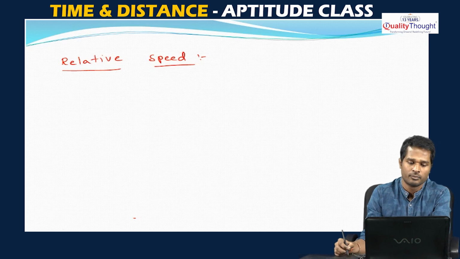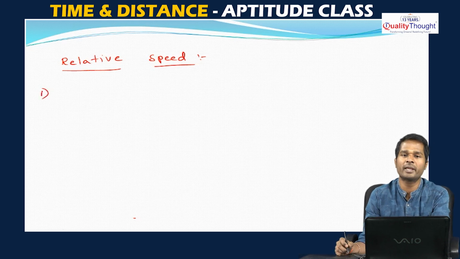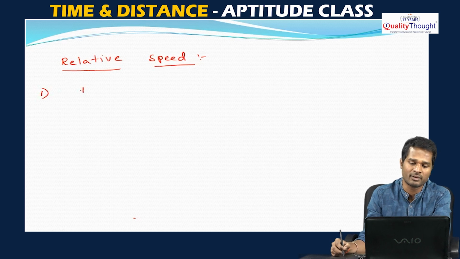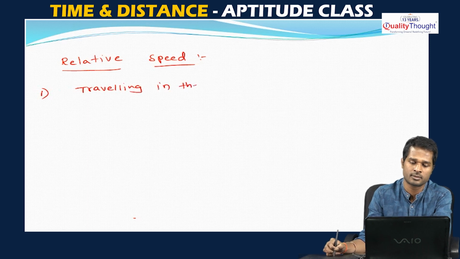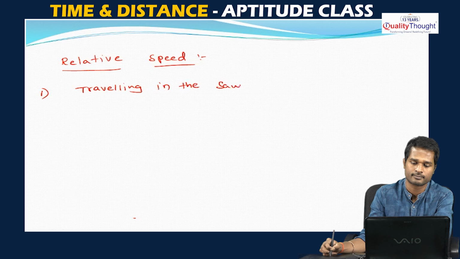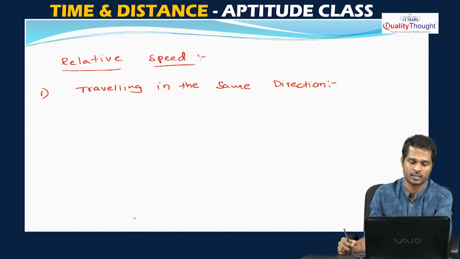Let's see, first one I'll write, when two vehicles or two people are travelling in the same direction. Let's see what the same direction means.